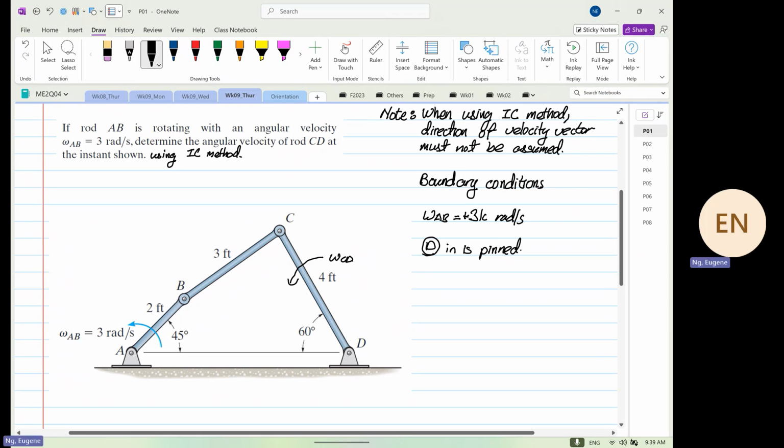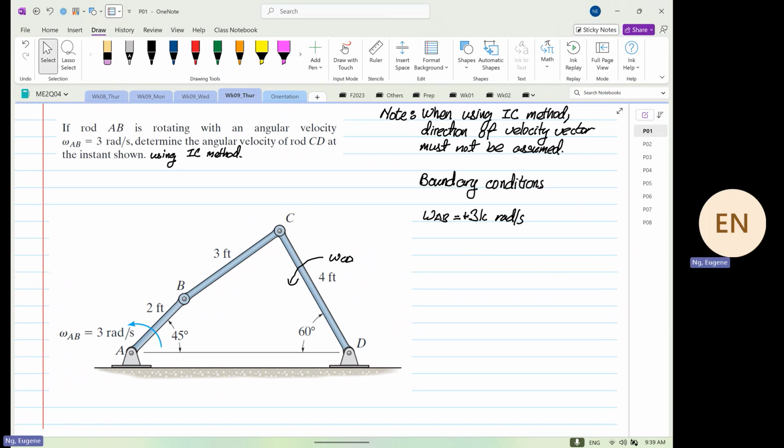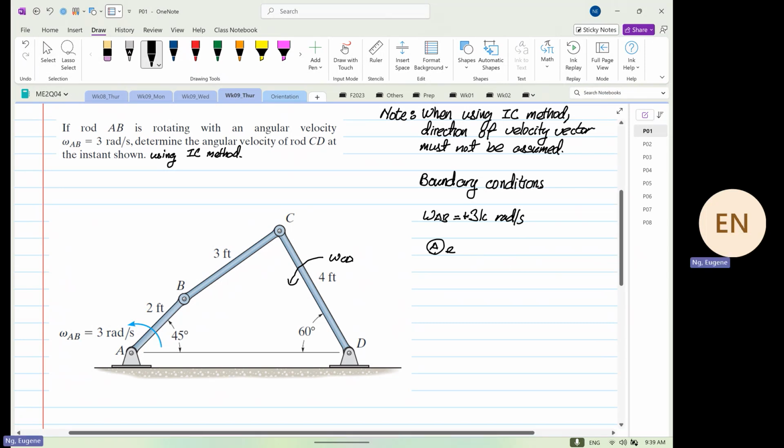Okay, in fact, point A and point D are pinned. Okay, so given that this is pinned, we know that velocity at point A is equal to velocity at point D, and they are what? 0 meters per second. Okay.